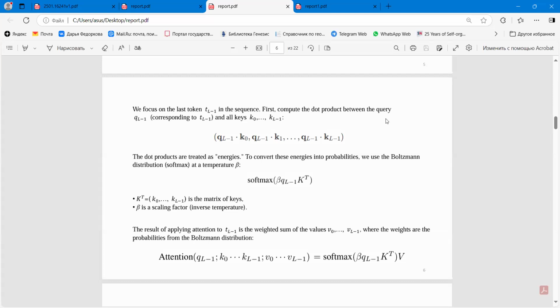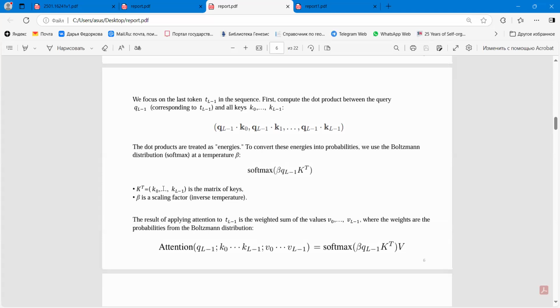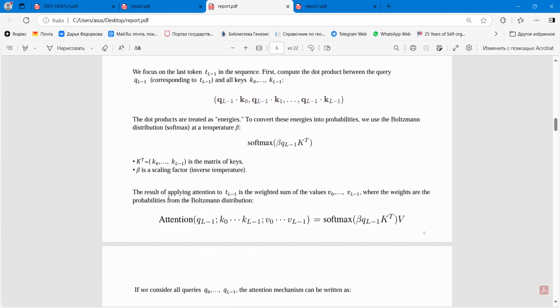So, the result of applying attention to the last token is the weighted sum of the values V, where the weights are the probabilities from the Boltzmann distribution. We can describe this in this scheme.